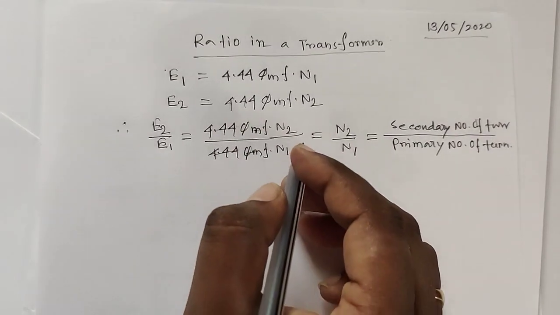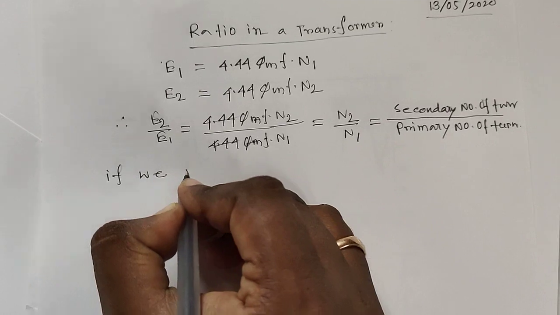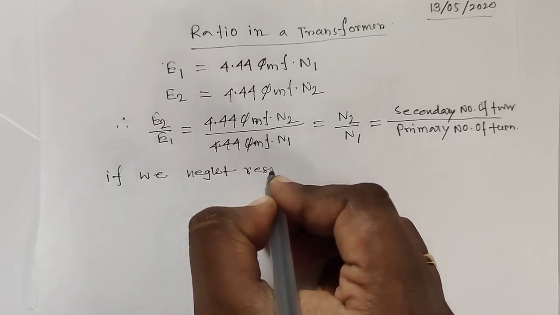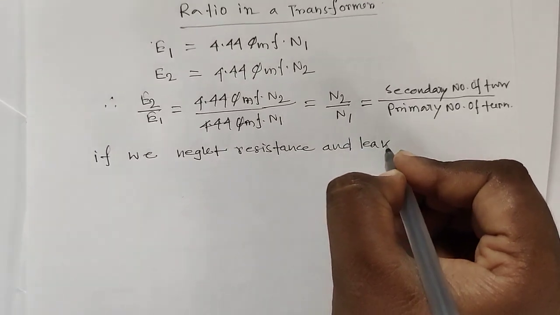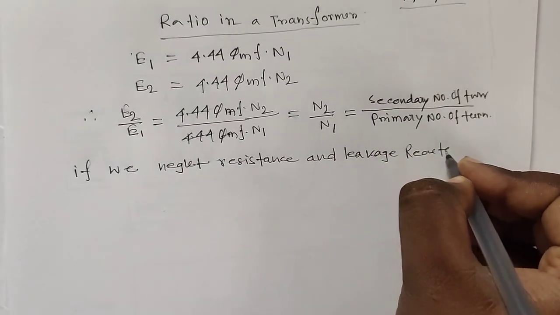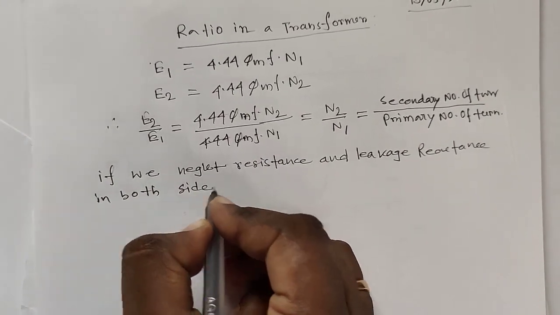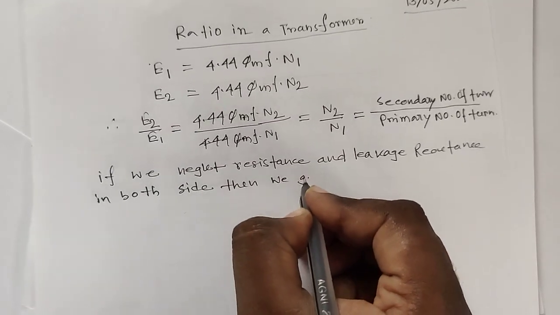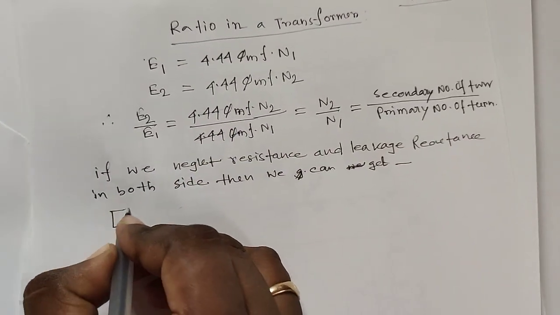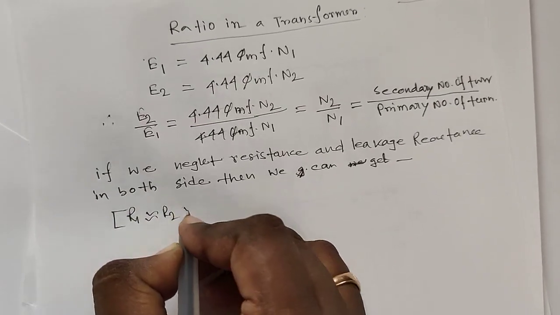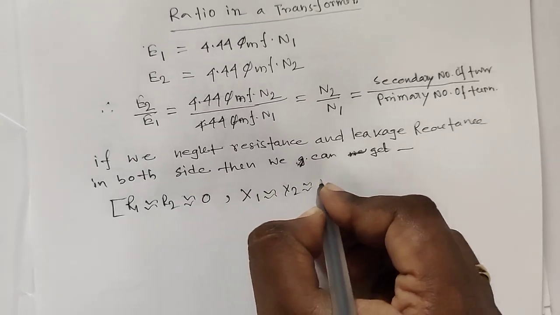If we neglect the primary and secondary side resistance and leakage reactance on both sides, we can write R1 approximately equal to R2 approximately 0, and reactance X1 approximately equal to X2 approximately 0.